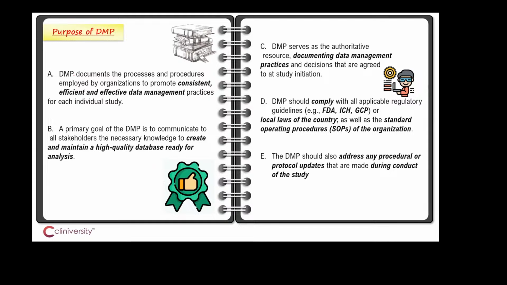The primary goal of the DMP would be to ensure that everybody who is involved in data management, in data handling, every specific stakeholder, will have the necessary knowledge to create and maintain a very high quality database, which is always ready for analysis.